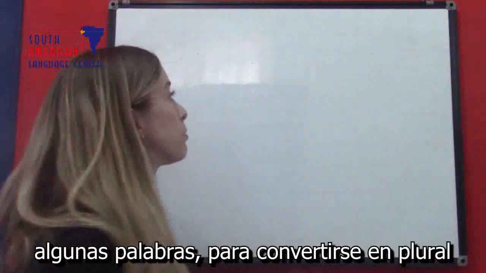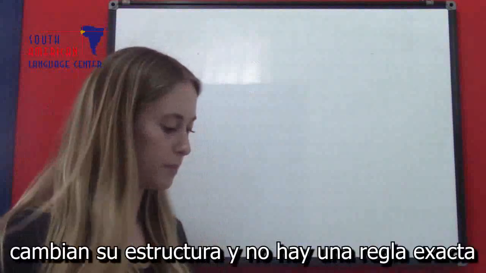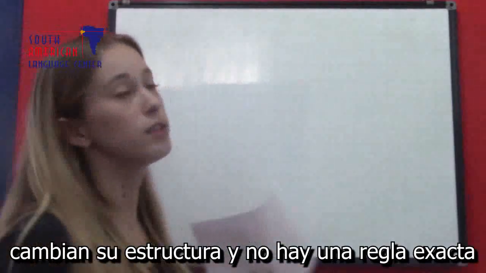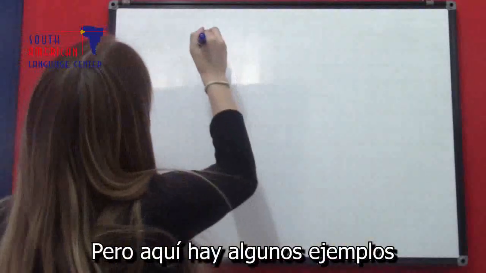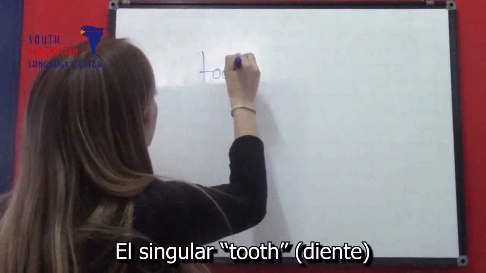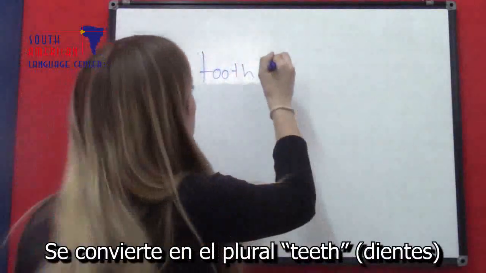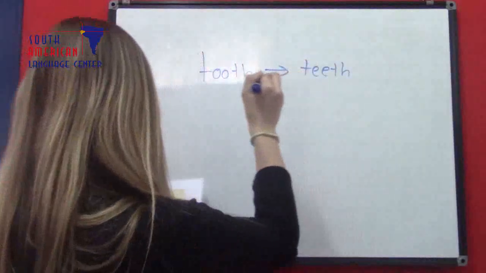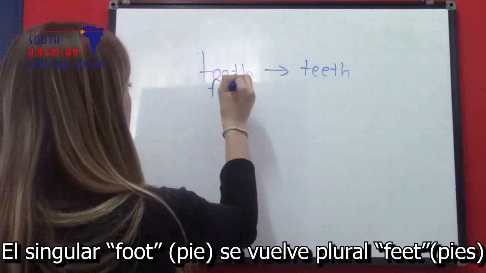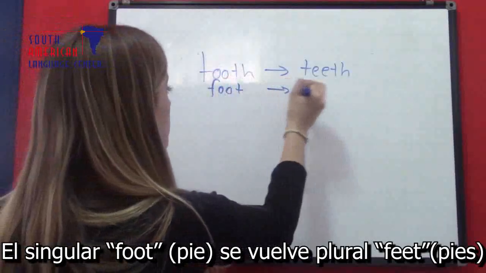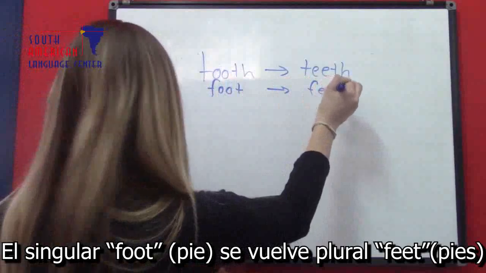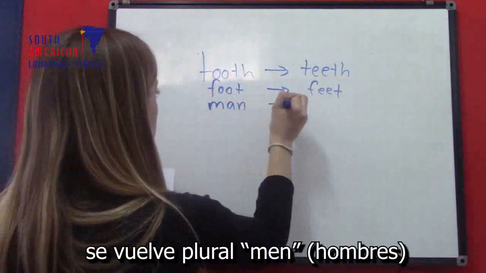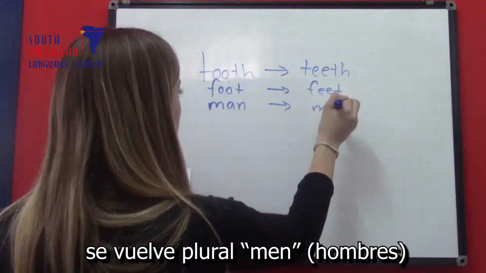Some words, to make plural, are simply irregular. So they change in their structure, and there is not an exact rule, but here are some examples. The singular tooth becomes plural teeth. The singular foot becomes plural feet. The singular man becomes plural men.